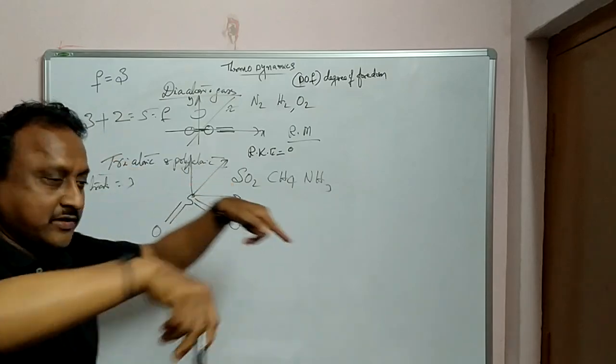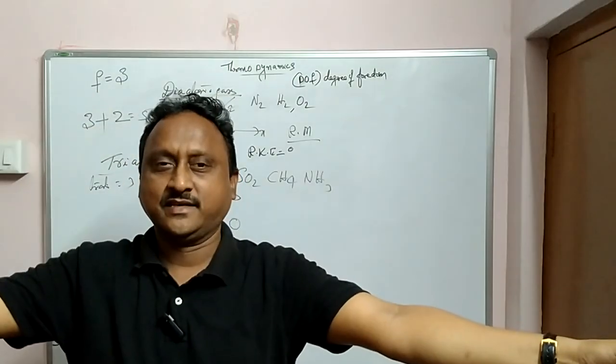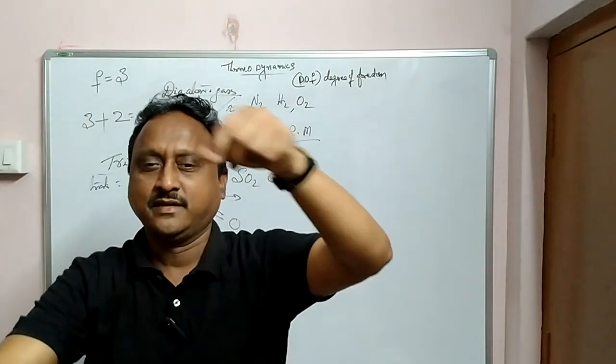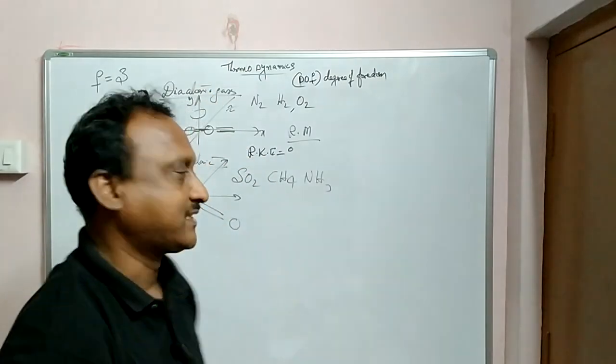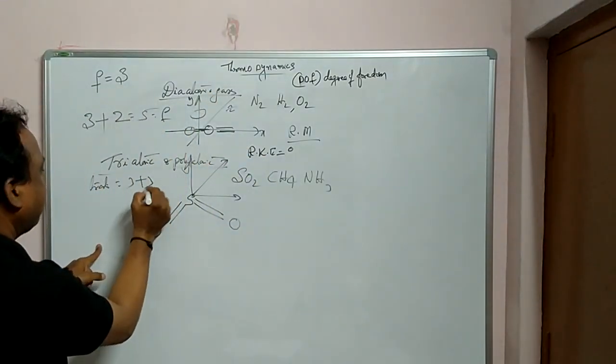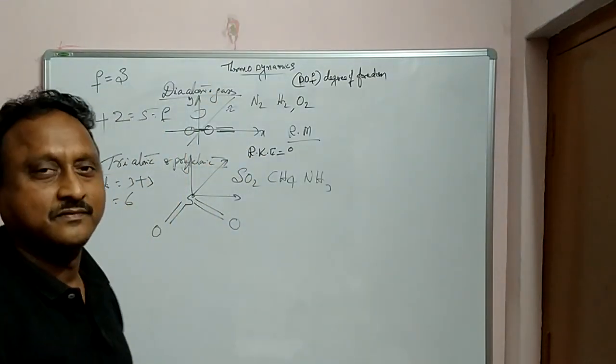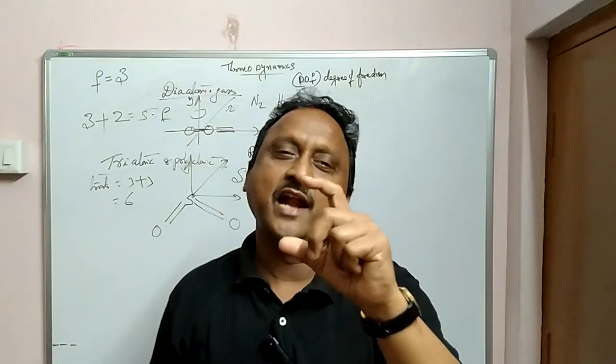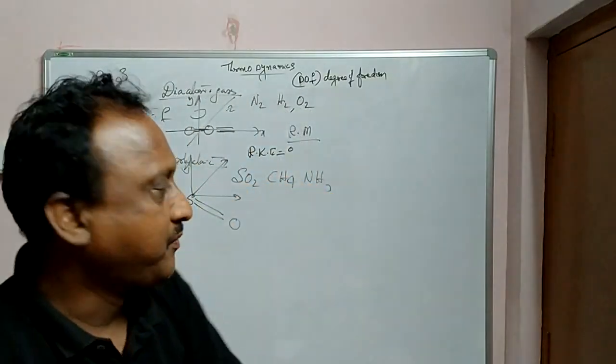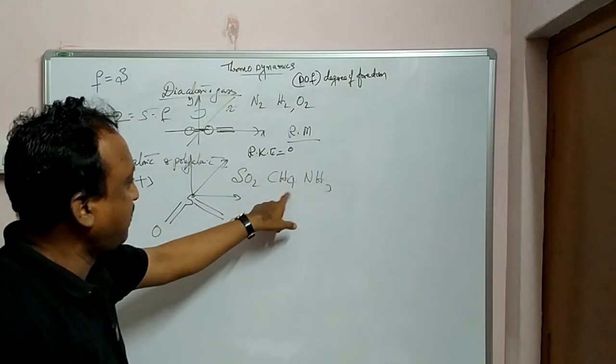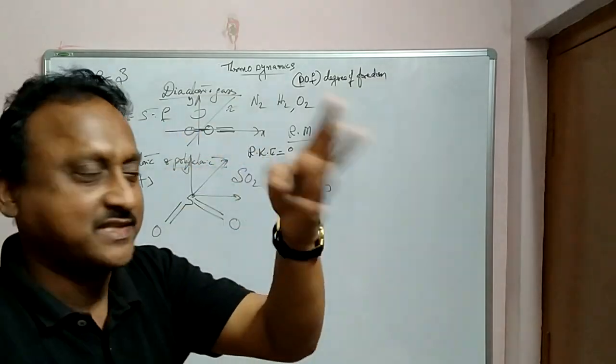You can see that the bond is like this, so it can rotate like this in all directions. So 3 plus 3, total is 6. So for triatomic and polyatomic gases like SO2, CH4, NH3, it is 3 plus 3, 6.